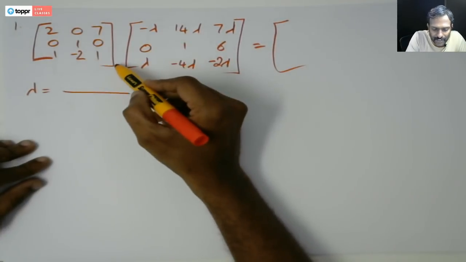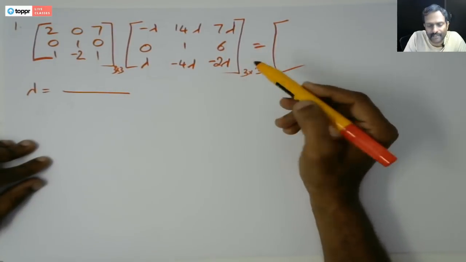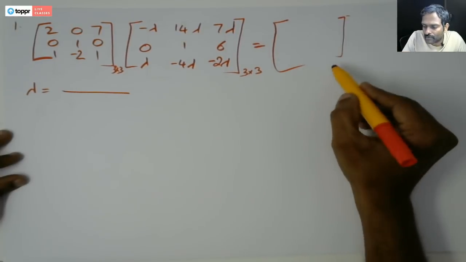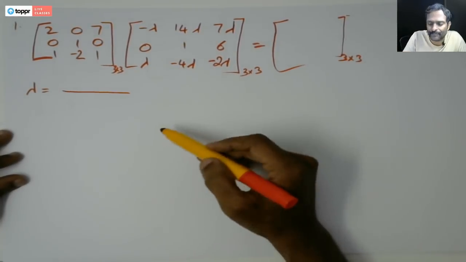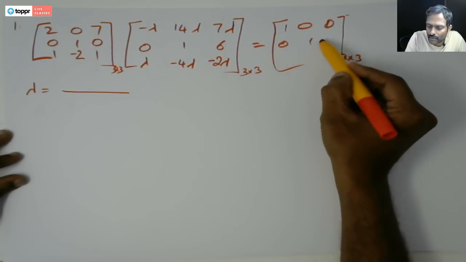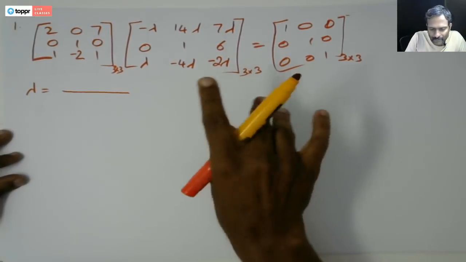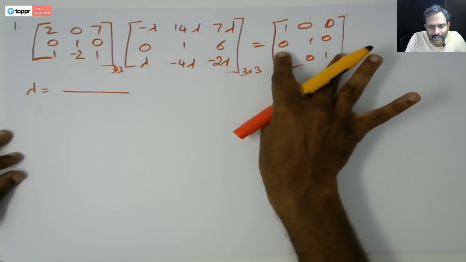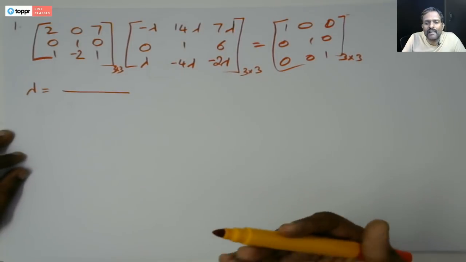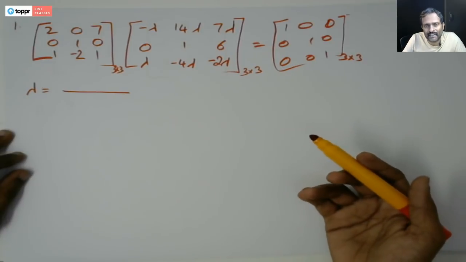This is a 3 by 3 matrix, and this is also a 3 by 3 matrix, so your identity matrix should also be 3 by 3. It should be 1 0 0, 0 1 0, 0 0 1. Now, when the product is equal to an identity matrix, he is asking us to find the value of lambda.